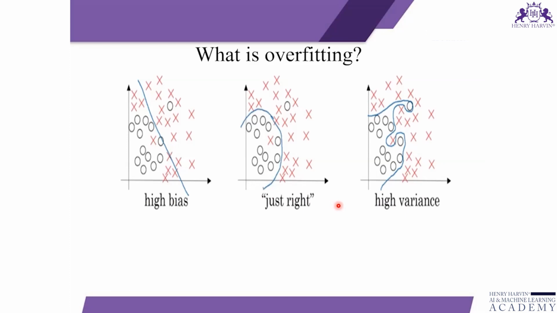But imagine when we made it complex, it has memorized the training data itself. Then we need to identify some ways so that it can do prediction better for training as well as for testing.